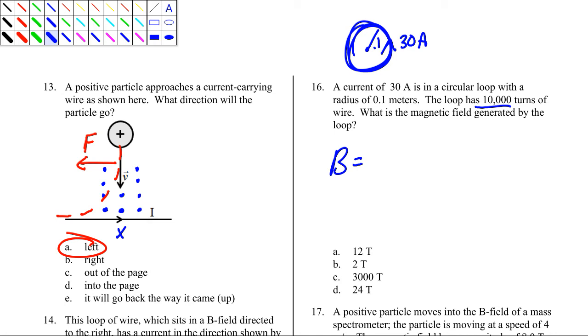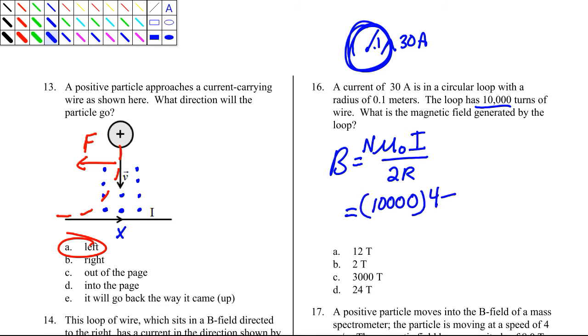That's going to be mu naught I over 2R, actually, times the number of turns N. That's going to be 10,000. Mu naught is 4 pi times 10 to the minus 7. I is 30 amps divided by 2R, which is 2 times 0.1.